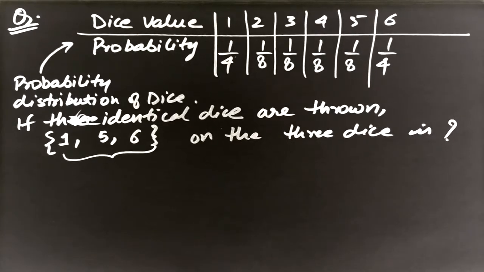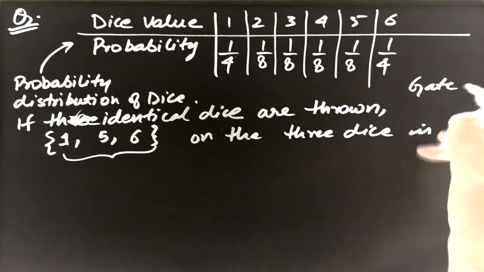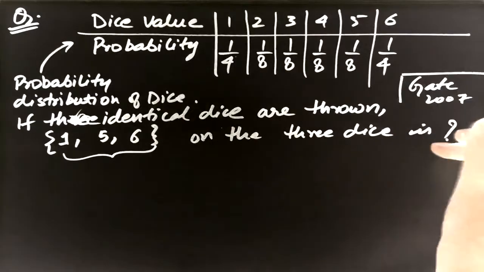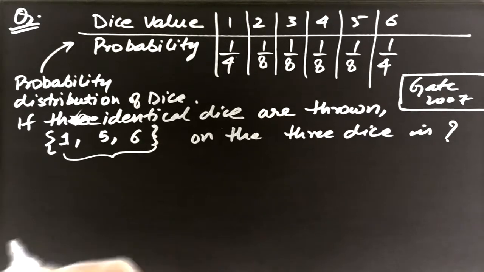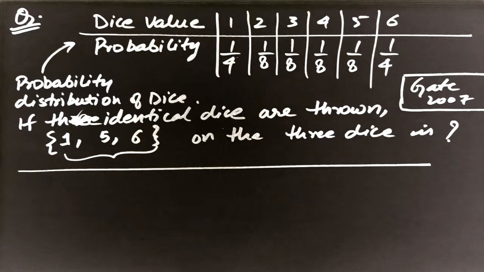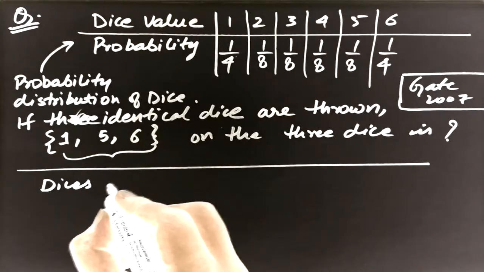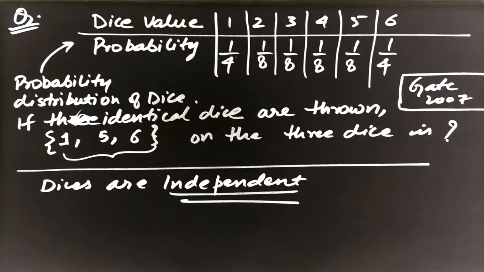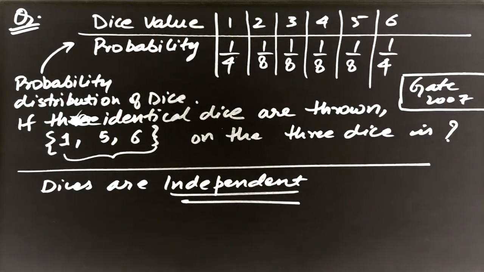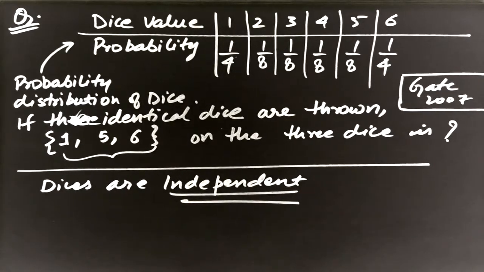Alright, so how do we solve such a question? This question was asked in GATE 2007. So how are we going to solve this question? Let's see. First of all, the thing that you should remember is dice are independent. They are not dependent upon each other. All 3 dice have their separate results and they are independent of each other.